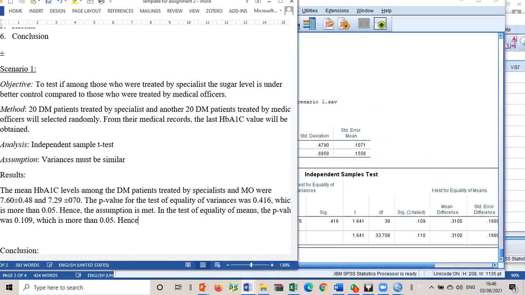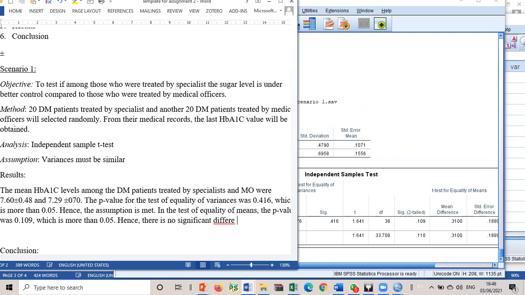Hence there is no significant difference.